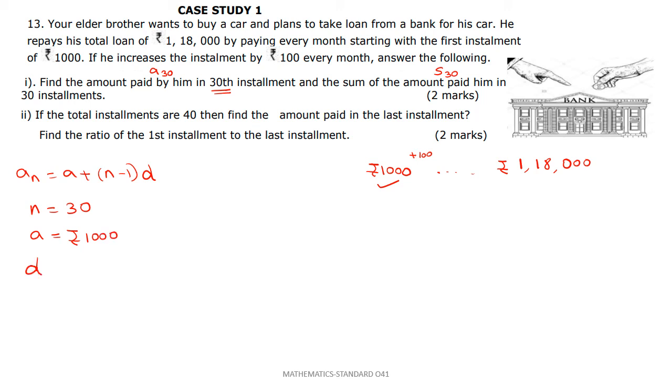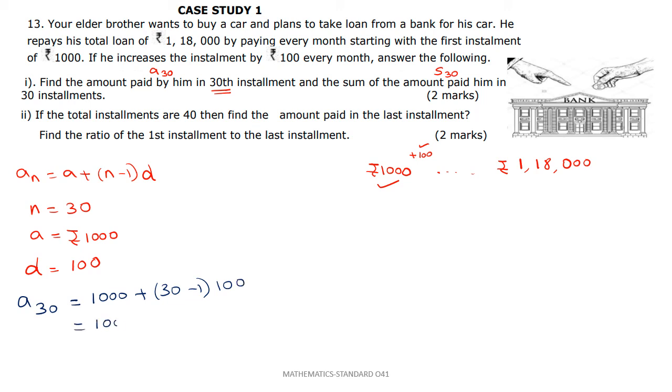And d, what is d? He increases the installment by 100 every month. So d is 100. So now substitute all these values in the given equation. So a30 is equal to 1,000 plus 30 minus 1 into 100.